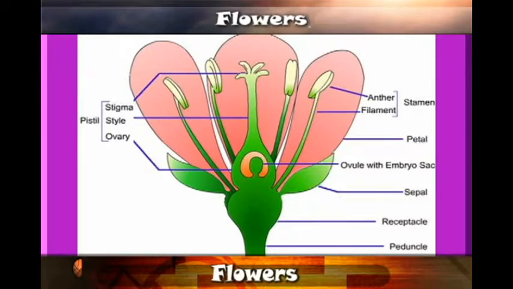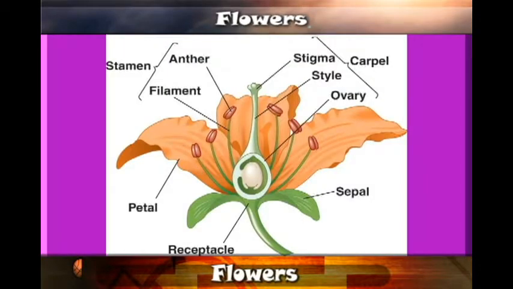Then from the receptacle we go to the sepals. From the sepals we go to the petals, and then inside we have the ovary, the style, and then the stigma. Then we can also have the filament and the anthers. That is the general structure.